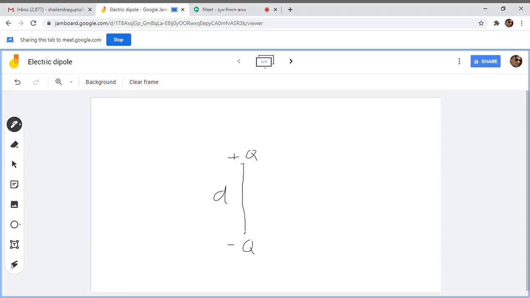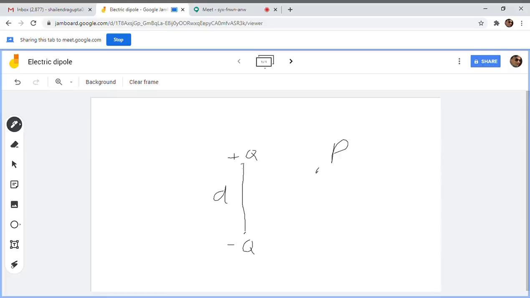What does this electric dipole exactly do? Why is this more significant? Like there is a point P here, and we want to calculate the electric field or potential at this point P due to this dipole.